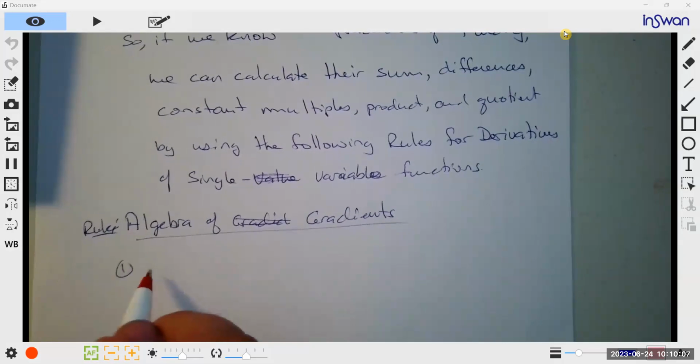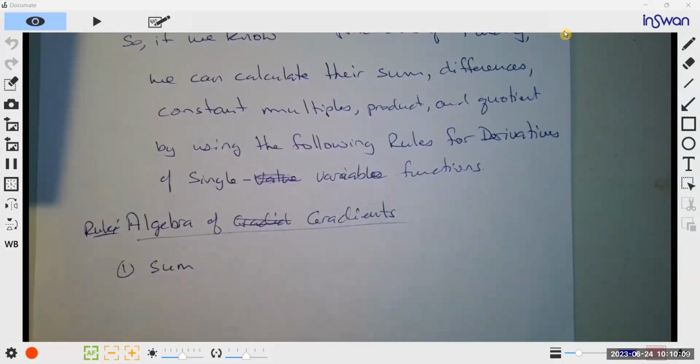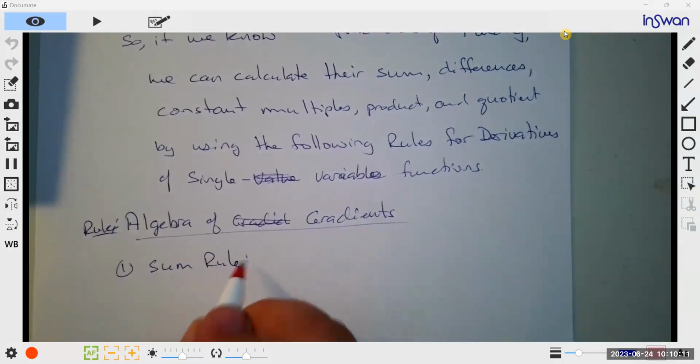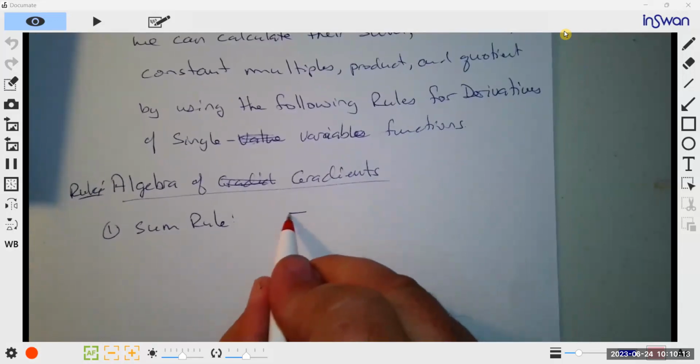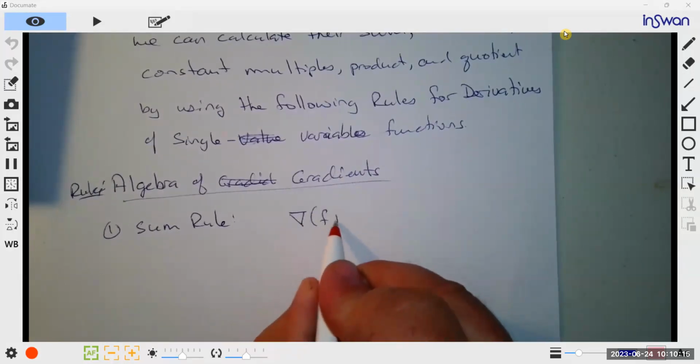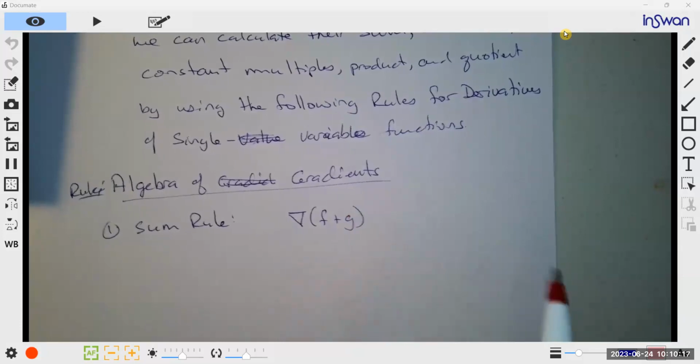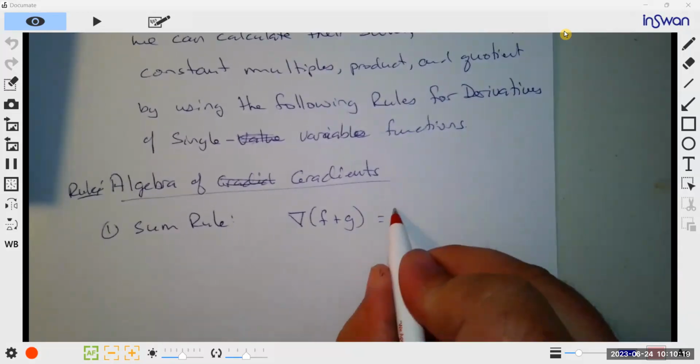In other words, the sum rule. If you have the del of two functions, you can split them up.